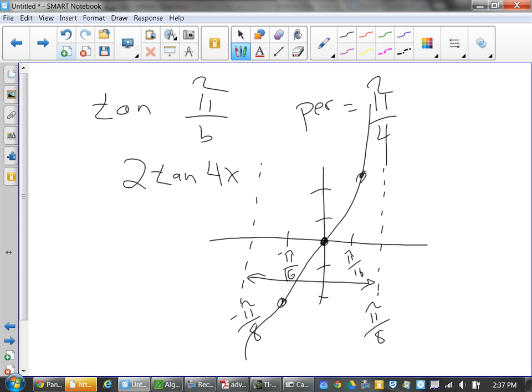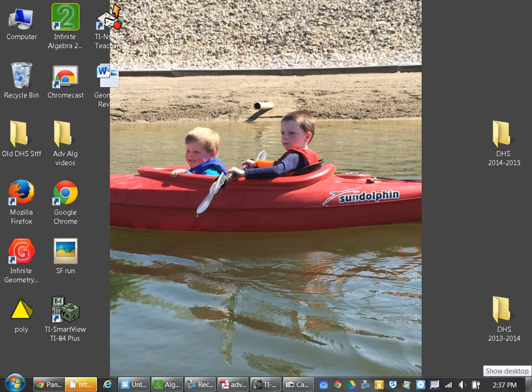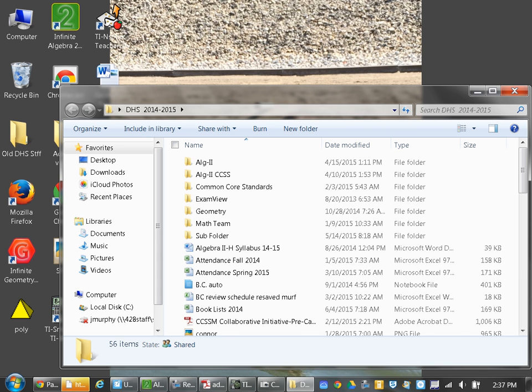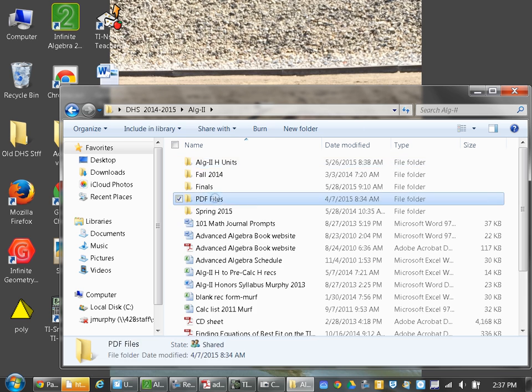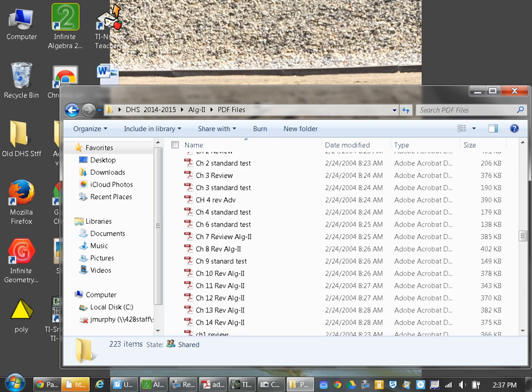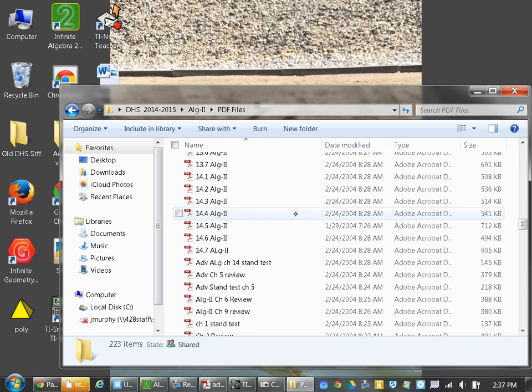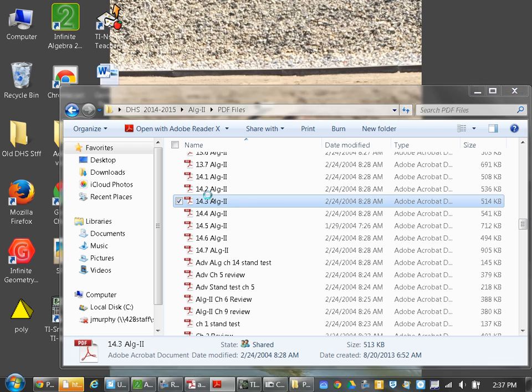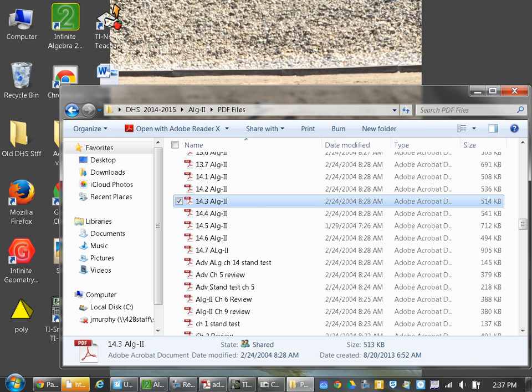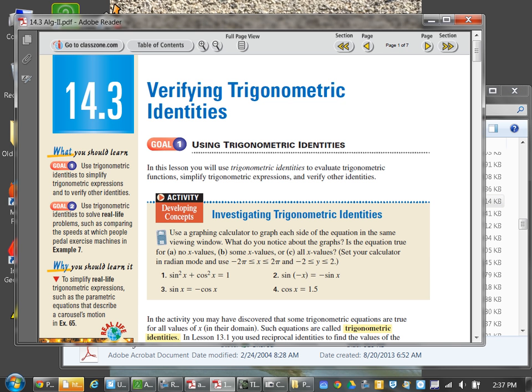The trig identities, I think, was 14.3. Yeah, 14.3 is the trig identities.